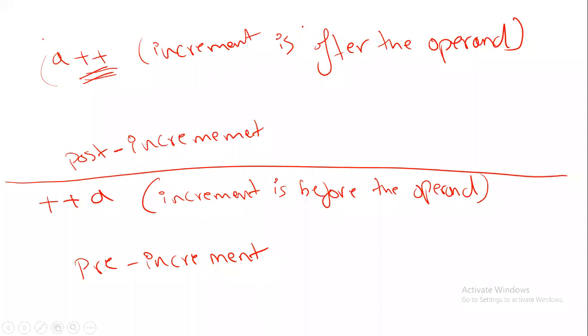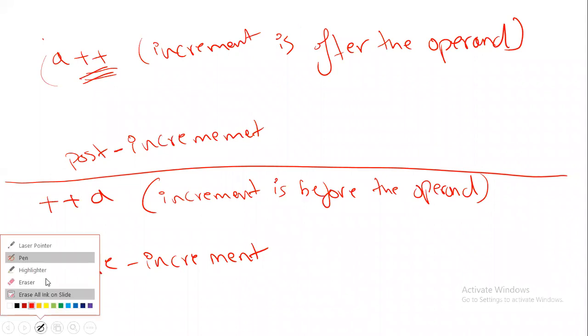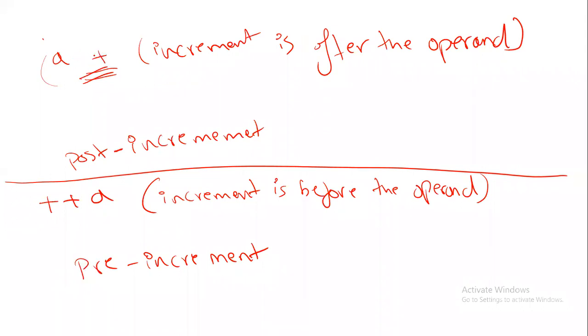Okay, so I will clear everything. Maybe instead of erasing, let's see how I can modify it for decrement here. Minus minus, so here decrement. The decrement is after the operand, that's why it is called post-decrement.